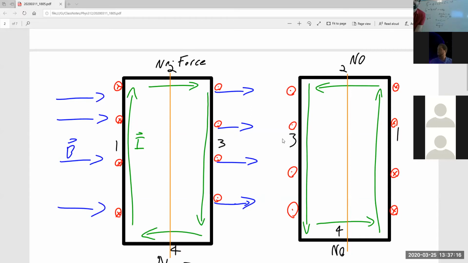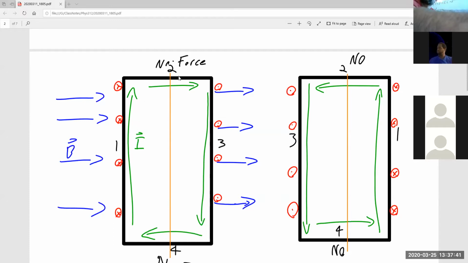It's in a field that is pointed to the right. What we found, with our right-hand rule, was that the left side, the one with the 1 next to it, experiences a force into the board. So here, the force is pushing this part of the wire into the slide.